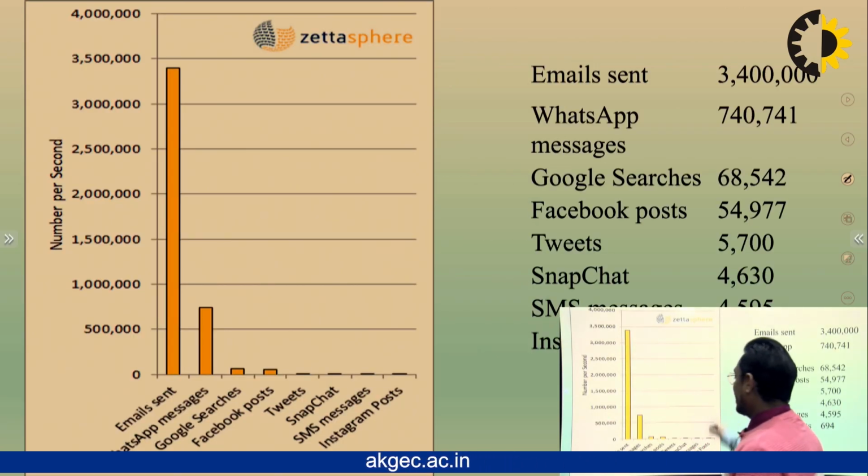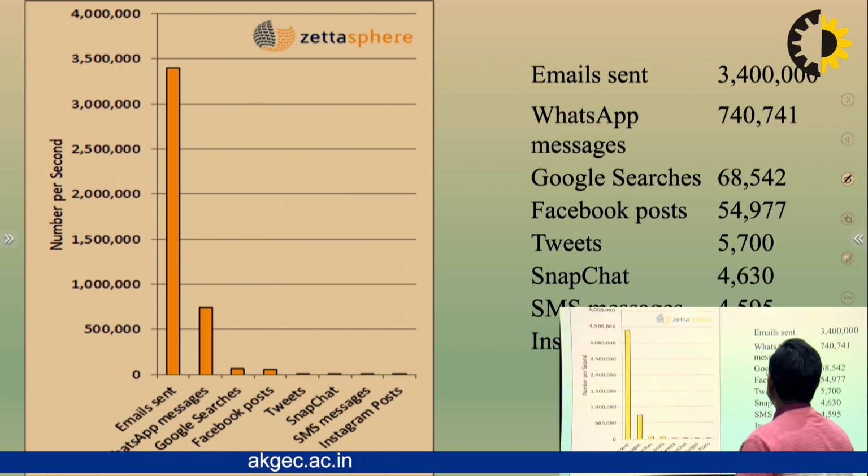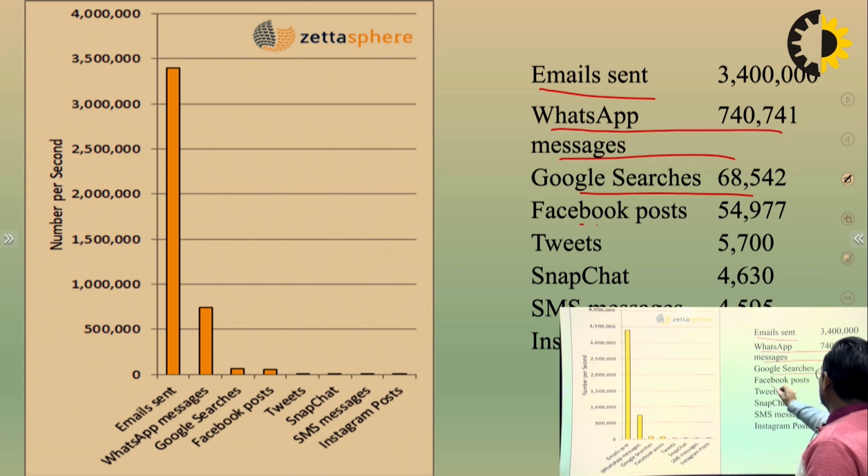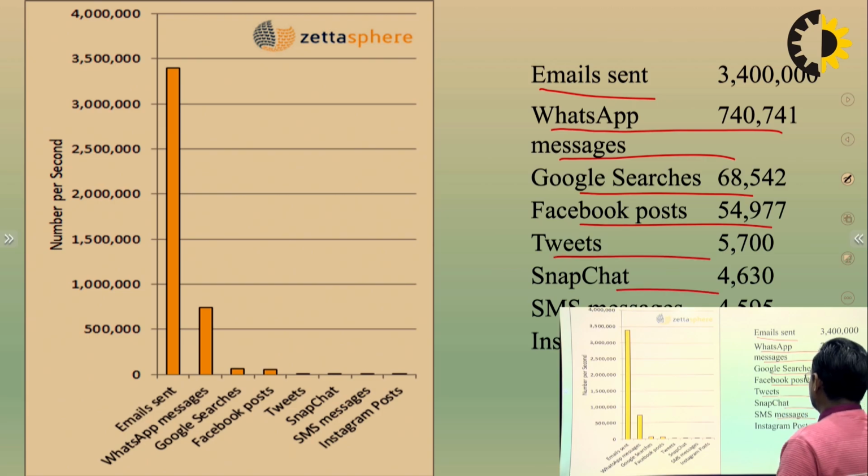Now this is a chart and it shows how many emails are sent per day, WhatsApp status messages, Google searches, Facebook posts, tweets, Snapchat, SMS messages and Instagram posts per second.